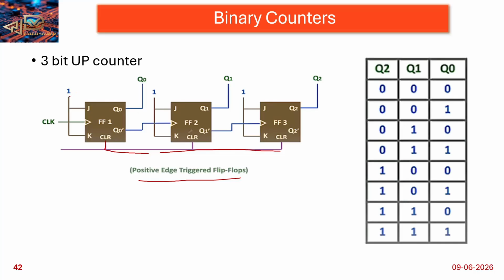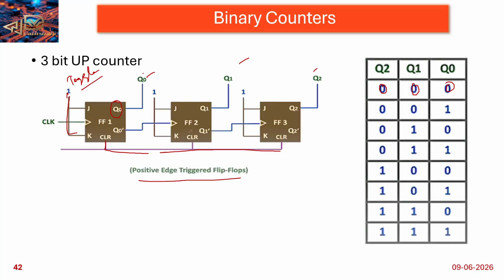See, the JK flip flop inputs are both connected to one, so toggling is there every time. Okay, toggling operation, that means Q0, Q1 and Q2. How can we decide? Initially the values are all zeros. Whenever the JK values are 1 1, the value will be toggled.